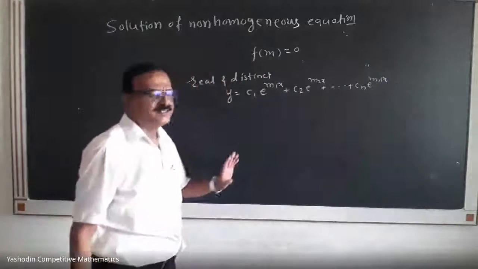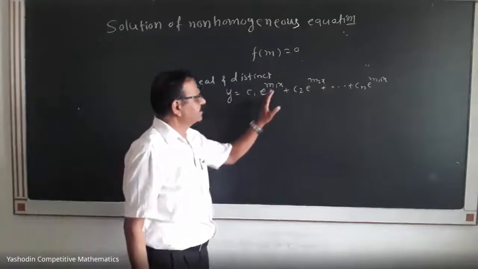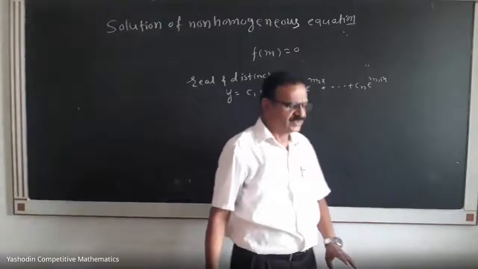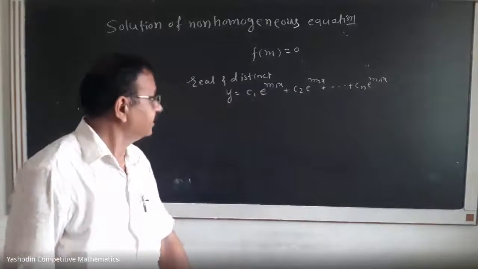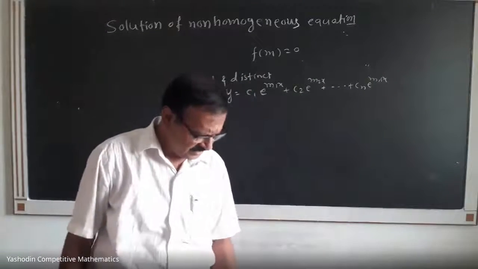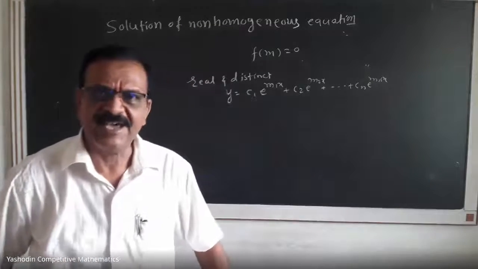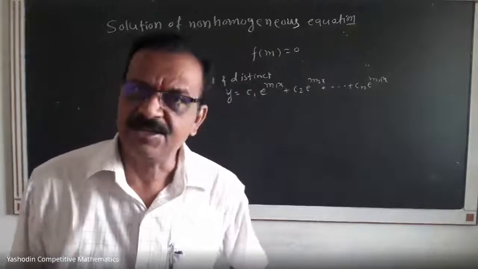We know this: y equal to c1 e raised to m1x plus c2 e raised to m2x plus cn e raised to mnx. This is the solution of the differential equation if the auxiliary equation has real and distinct roots.